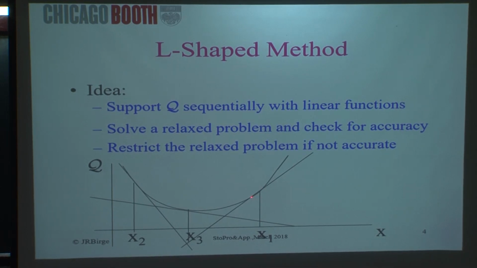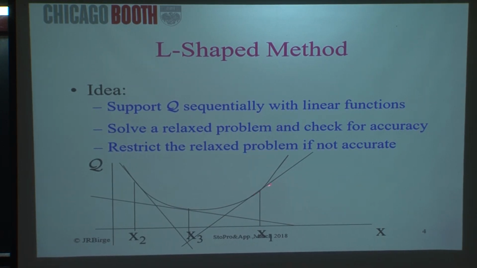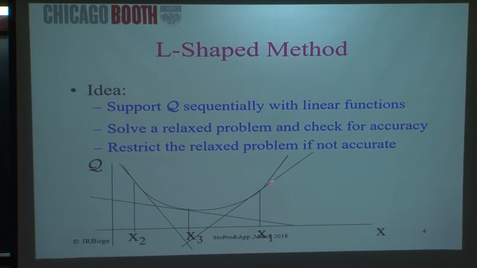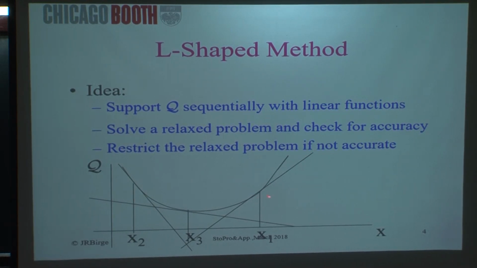We'll find the value of Q at x1. And then since it's convex, if I put a line at x1 that's tangent to the curve there, it's always going to be below the curve. So that gives me a lower bound on Q.